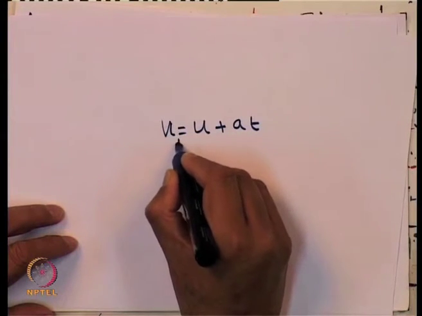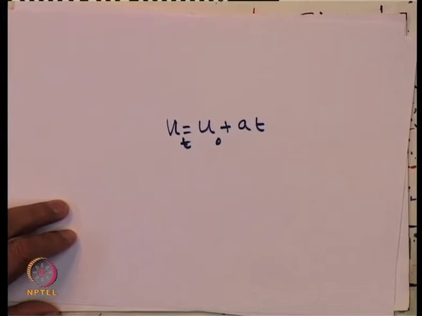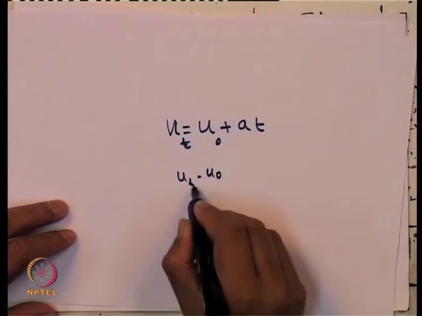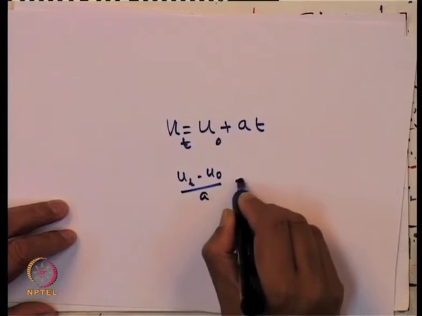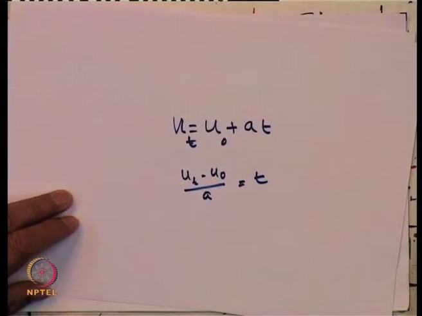This I will call u_t is equal to u_0 plus at, using our nomenclature. So, (u_t minus u_0) divided by a will be time, and this a will always be constant in classical mechanics if the force is constant, because mass remains constant in that case anyway.